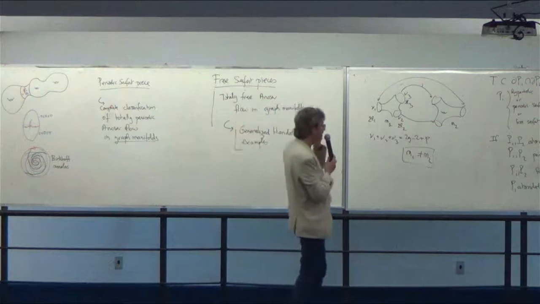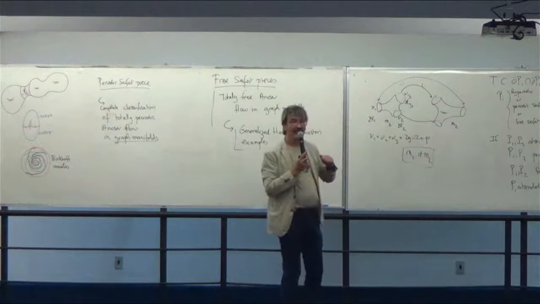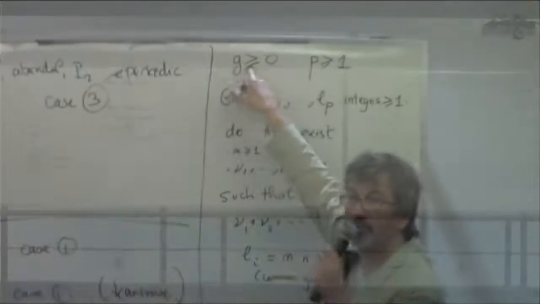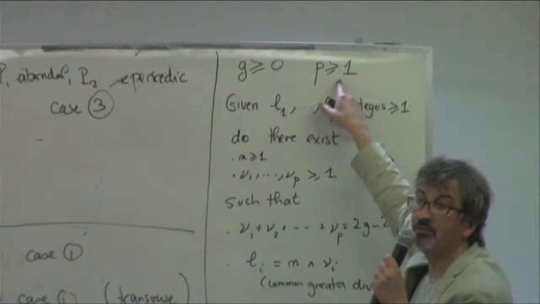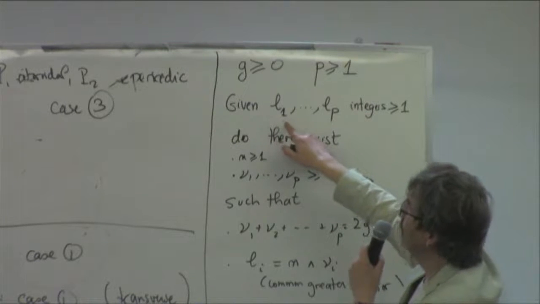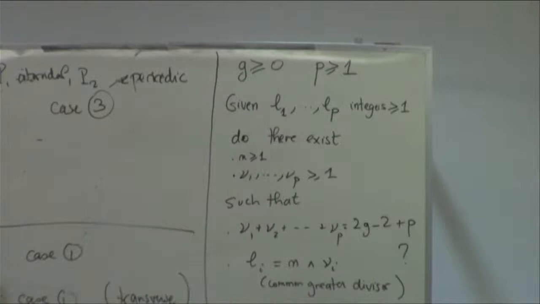So the question is now, is it possible? What do you see? Here is a problem. You fix the genus of the surface. You fix the number of boundary components. You need at least one to do some gluing. And you prescribe the number of periodic orbits you want over each boundary component.